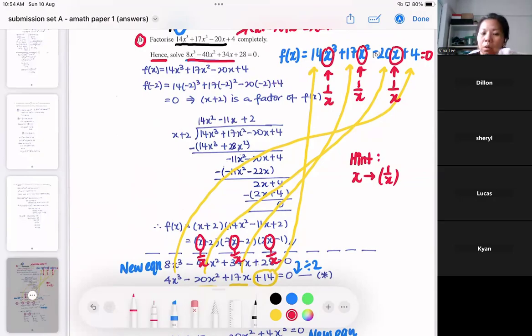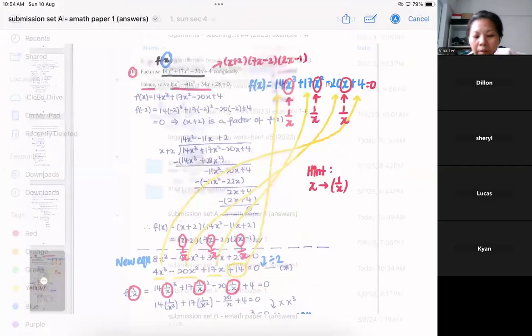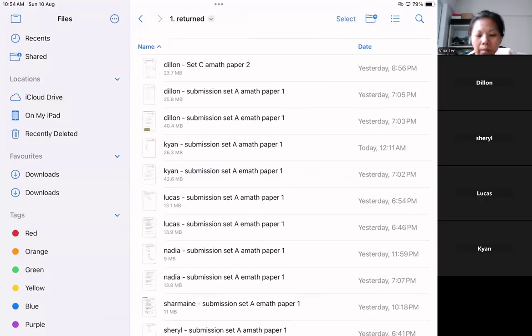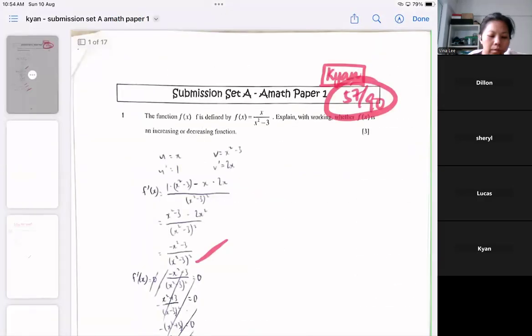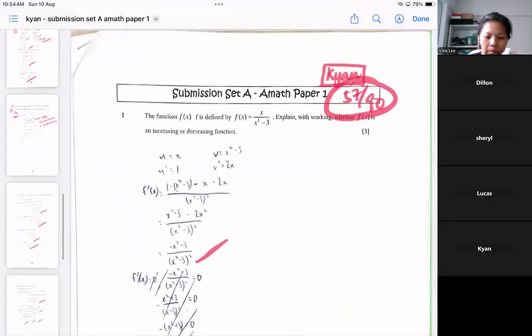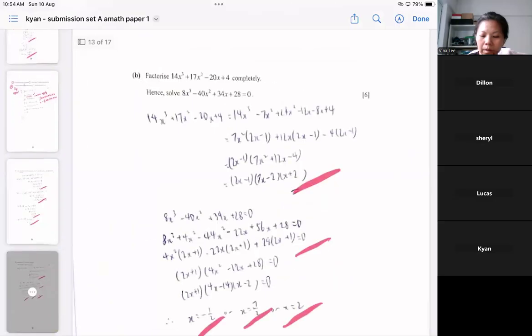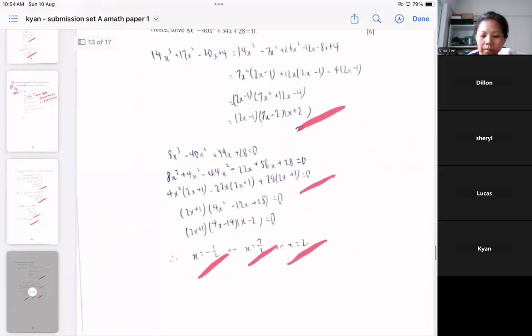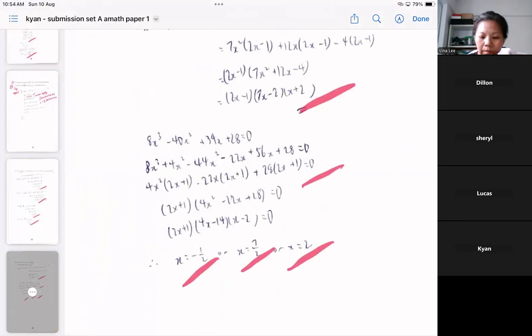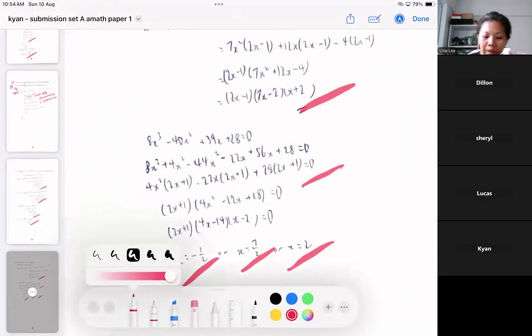Okay, so I'm going to show you what Kayan did. Kayan did it this way. Kayan is doing the otherwise method.